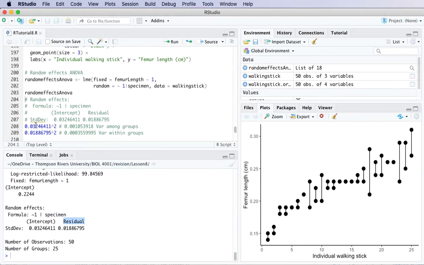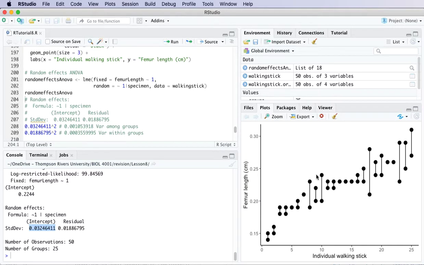And if we were to square the standard deviation for the intercept, that would give us the variance among the groups. So in this case, the variance among or between the walking sticks.